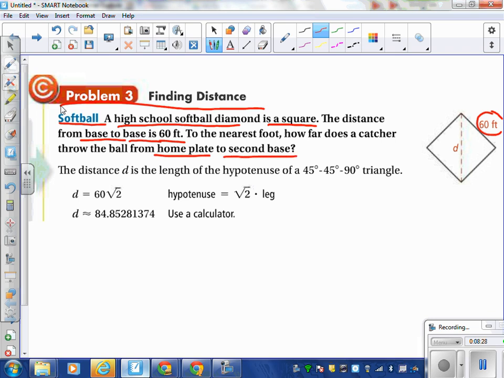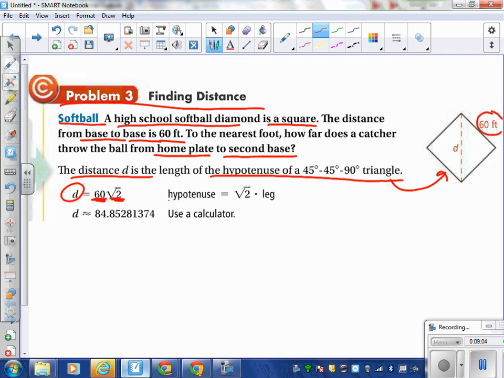Now we're going to use our 45, 45, 90 triangle theorem to solve this problem. The distance D is the length of the hypotenuse of your 45, 45, 90 triangle located over here on the side. To do that, we know that the side is 60 and the hypotenuse is the square root of 2 times the length. So my distance would be 60 square root 2.